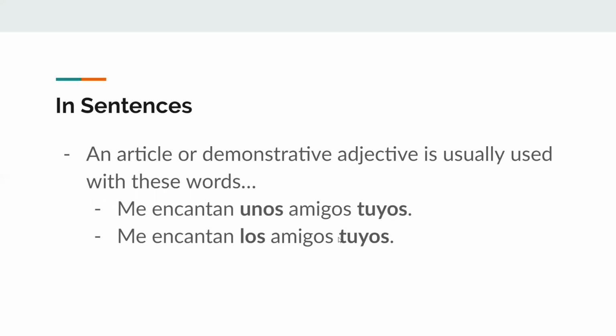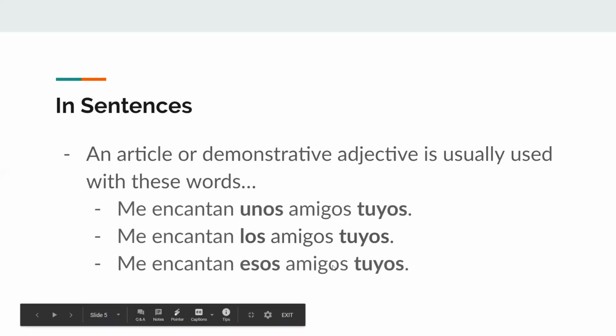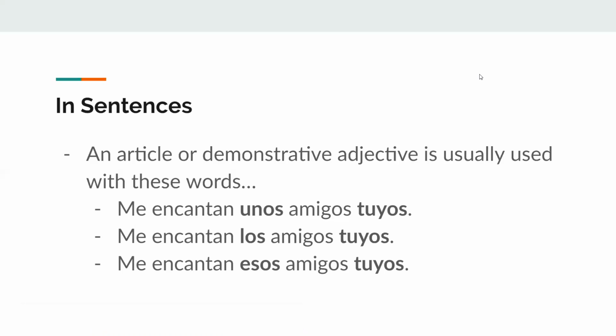I love your friends. So you see how the meaning changes a little bit depending on what word you use here. And this third one, I love those friends of yours. Same idea on all three, but slightly different meaning depending on which word you use in front of it.